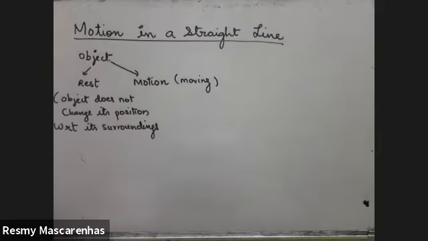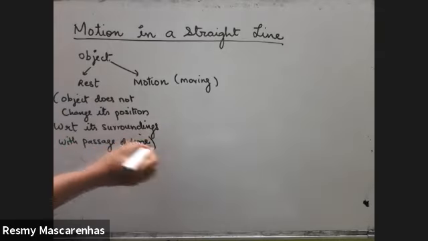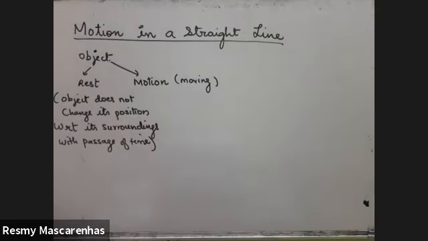You don't have to memorize this. Passage means the passing of time. Suppose you keep watching an object for 1 hour, and it has not changed its position with respect to its surroundings for that hour, then you can say the object was at rest for 1 hour.